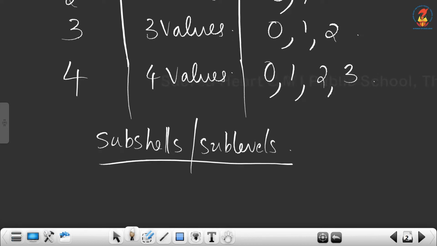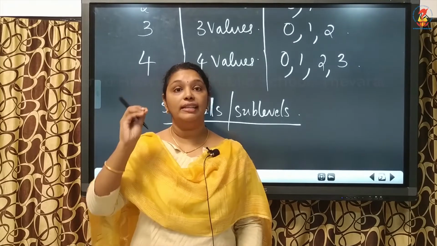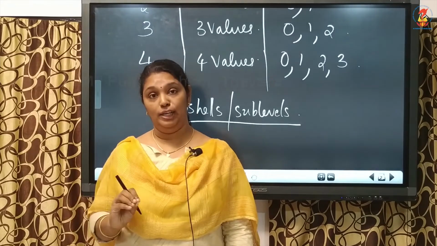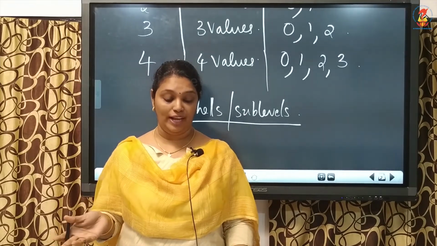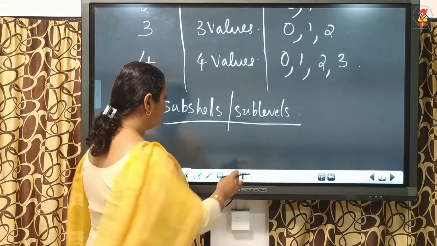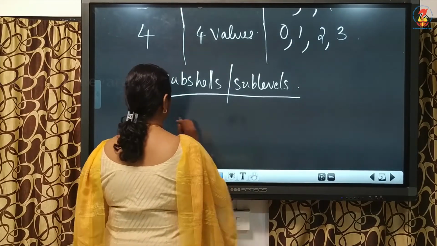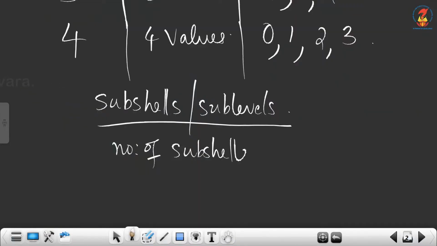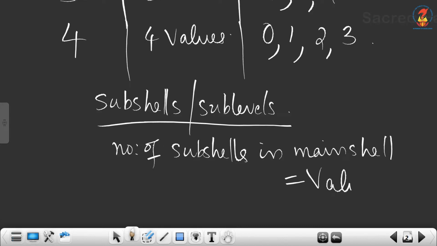So, we have inside the main shell subshells or sublevels, and each subshell is assigned an L value, azimuthal quantum number value, and the number of subshells in the main shell is equal to the value of n.